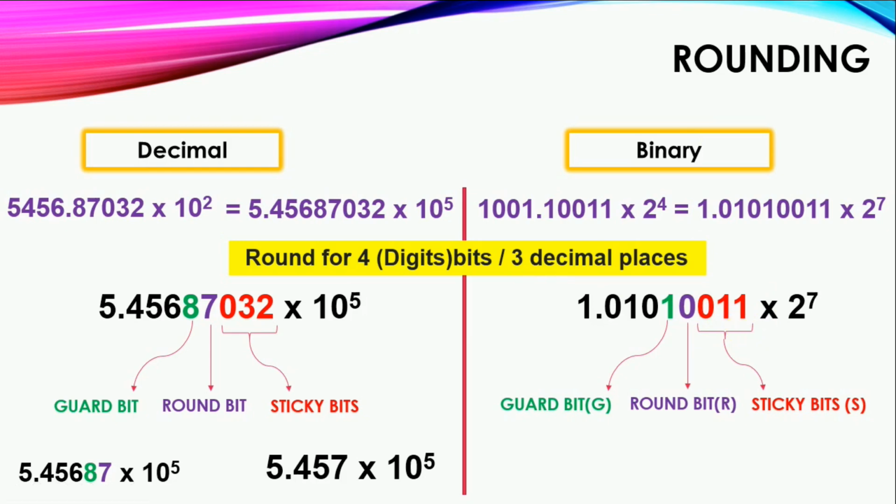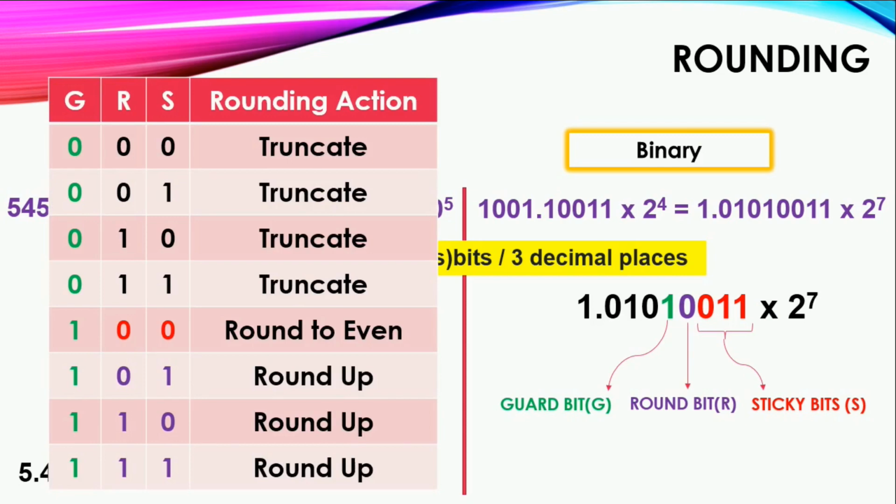Based on the combination of guard, round as well as sticky bits only, we are going to perform rounding in binary. These guard, round and sticky bits are used to improve the accuracy of the calculation at the time of rounding. So we have two cases: the first case with guard value 0, and the second case where my guard value is logic 1.